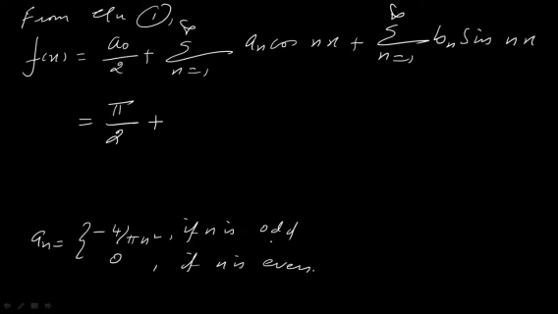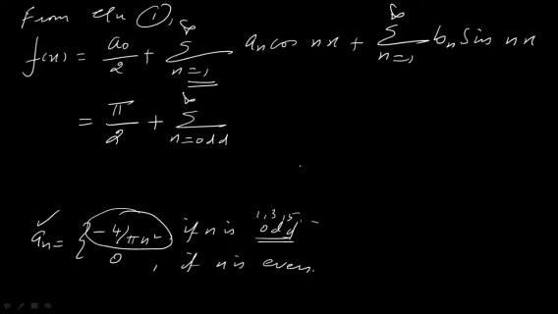So which means it takes only odd values. Odd value means it takes only 1, 3, 5, etc. So instead of writing sigma n is equal to 1 to infinity, you have to write n is equal to odd to infinity, because we have the value for a only for odd terms, that is equal to minus 4 divided by pi n square cos nx plus bn value is 0.